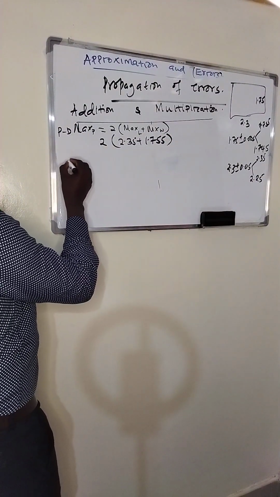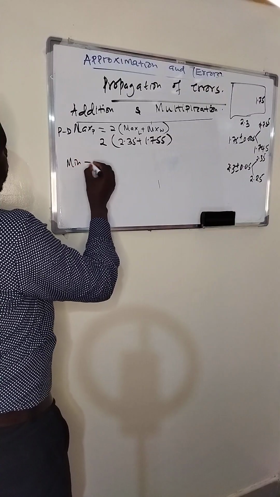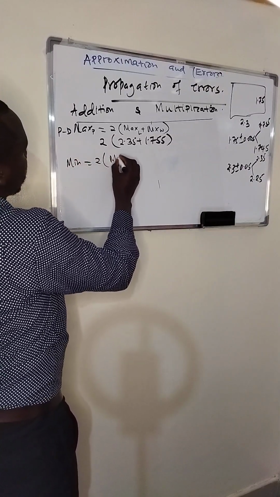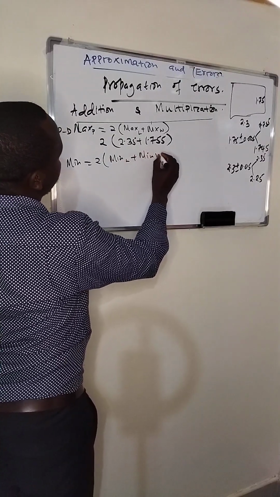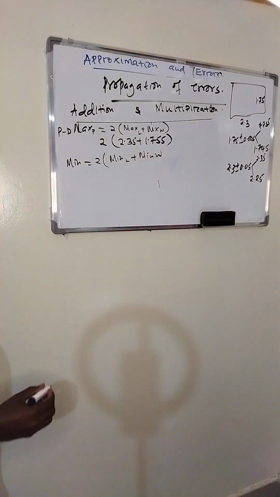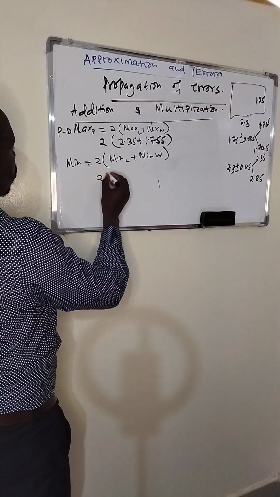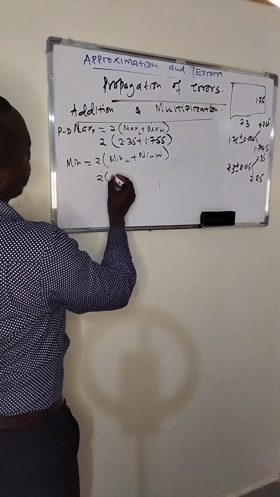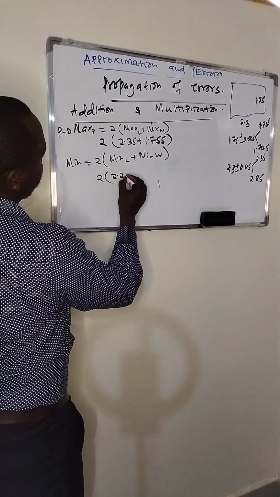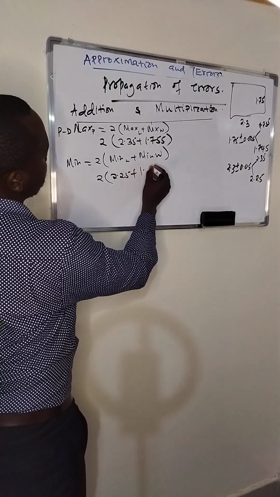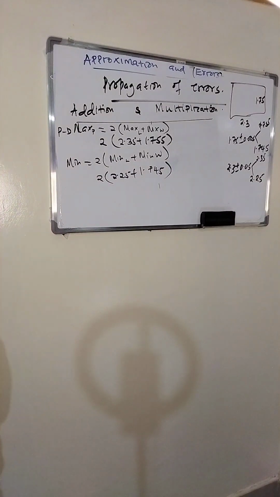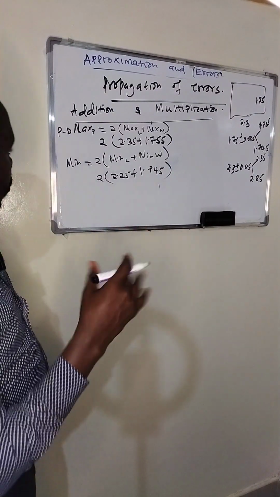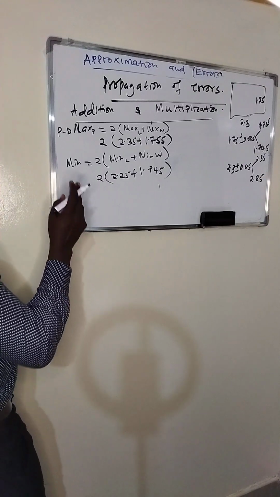Then we need a minimum perimeter. That is 2 into minimum length plus minimum width, which is going to be 2 into brackets length 2.25 plus 1.745, the minimum perimeter. And of course you will need the actual for the purposes of getting the relative error.